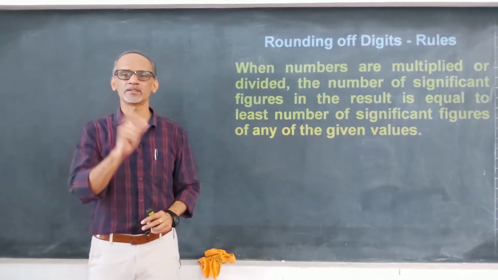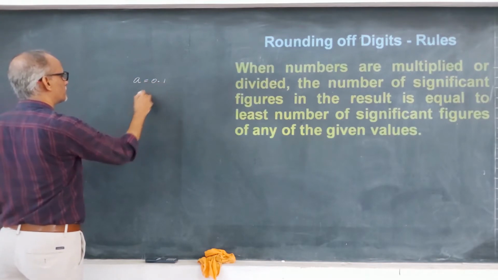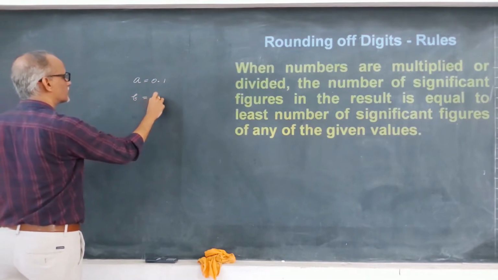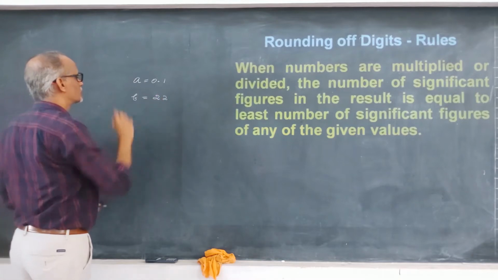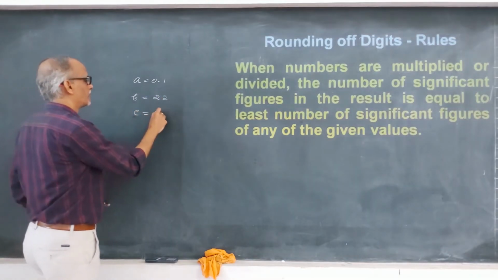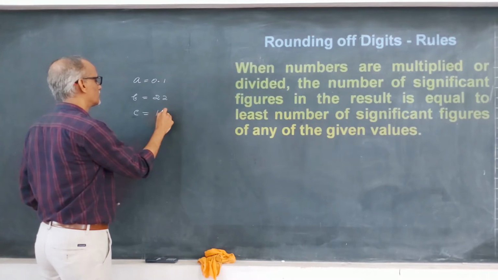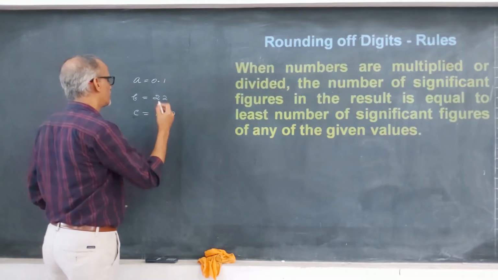See, first certain values will be given, like A 0.1, B 22, C, let me give 150, I will write.